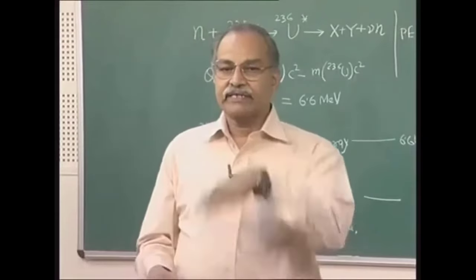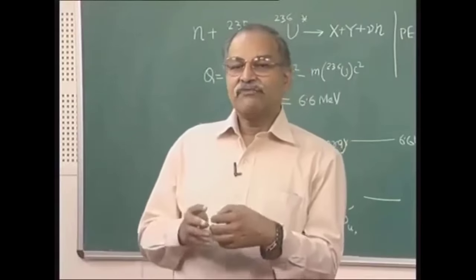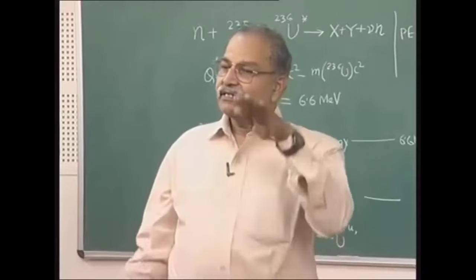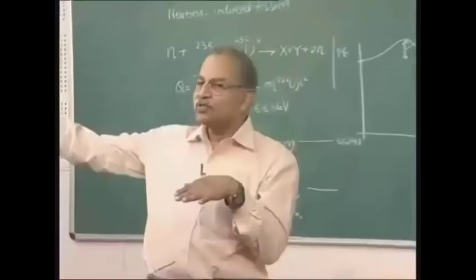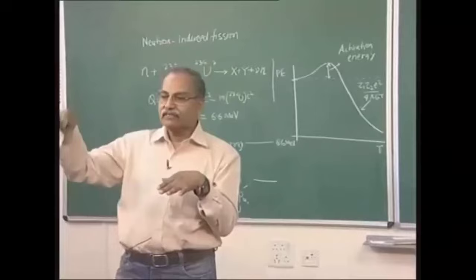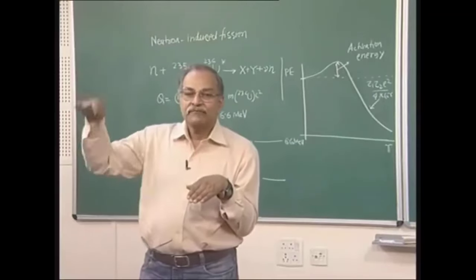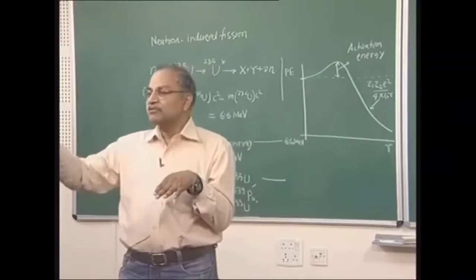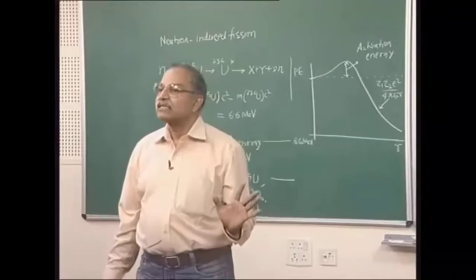So, you have a nucleus in an excited state, so it can always de-excite by emitting a gamma ray. If it emits a gamma ray and thereby lowers its energy, and the remaining excitation energy becomes lower than the activation energy, then fission will become difficult, and with more gamma ray emissions it can just come to its ground state.